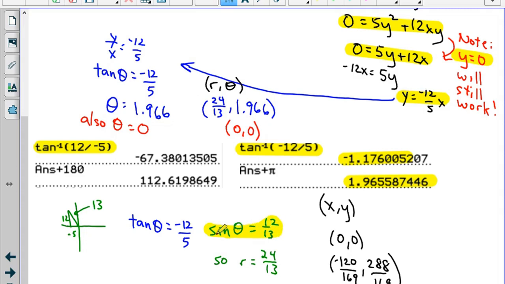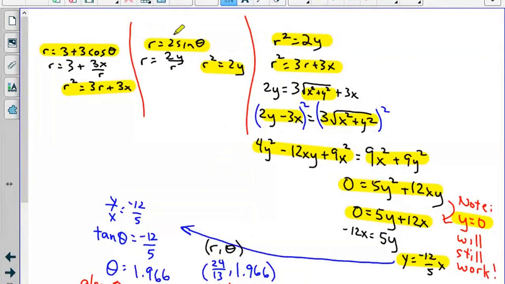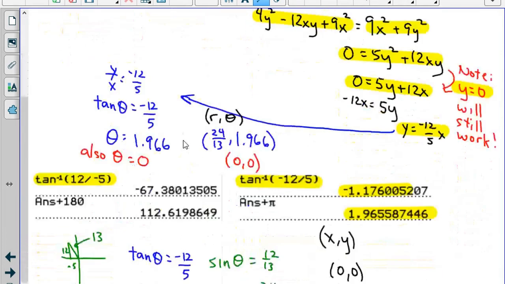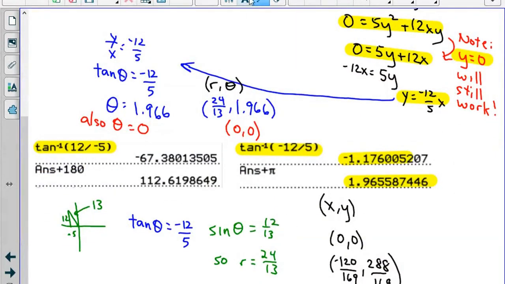So since sine equals 12/13, that means r equals 24/13, because if I look right here, I saw that sine of theta times 2 equals r. So I take 12/13 and multiply it by 2 to get 24/13. So 24/13 is r, theta is 1.966.